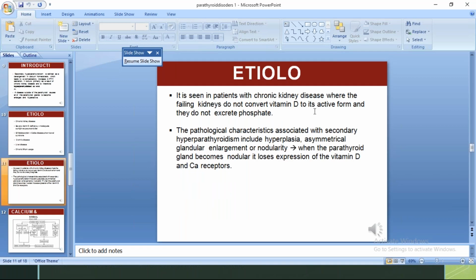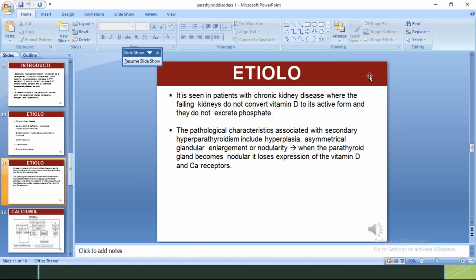This occurs in patients with chronic kidney disease. In chronic kidney disease, they fail to convert vitamin D to its active form by 1 alpha hydroxylation, and they do not excrete phosphate. So this increased phosphate could lead to decreased calcium.